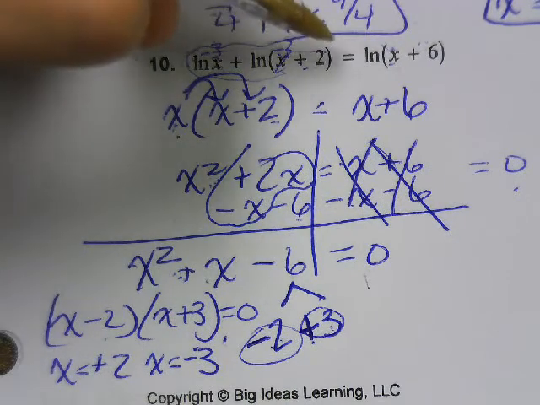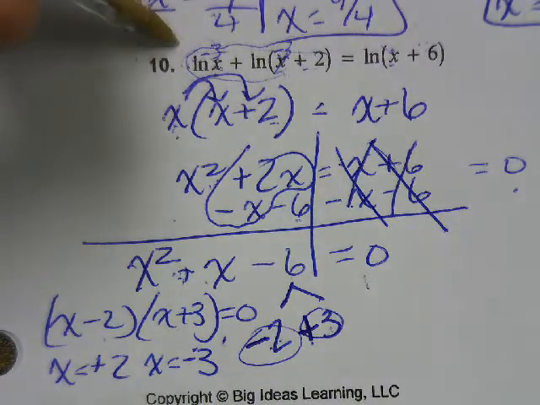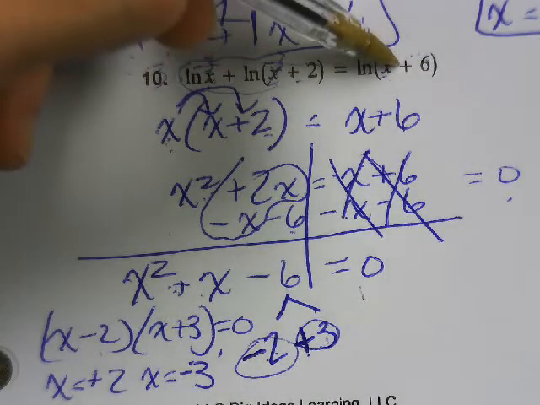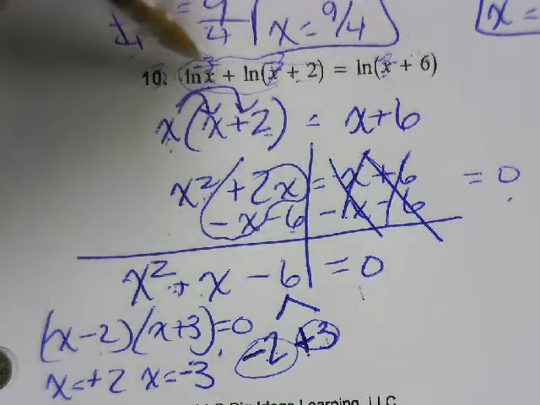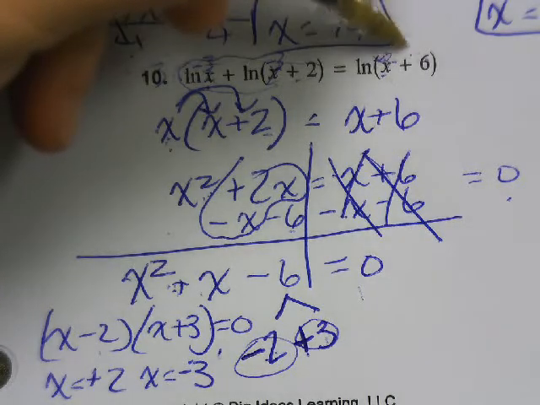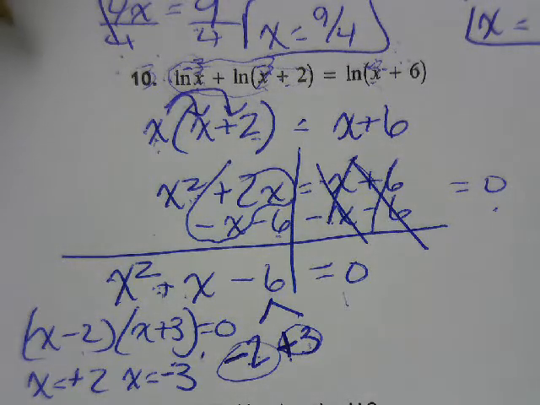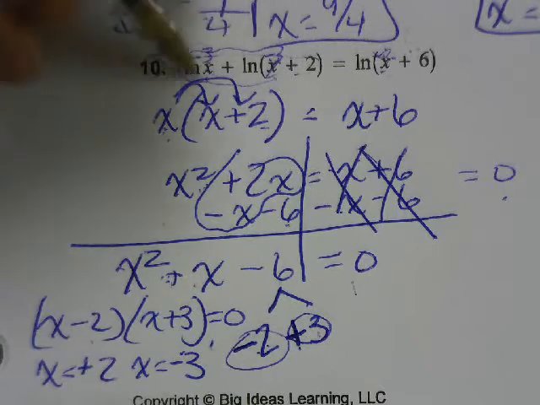Now if we put a negative 3 over here, we have 6 minus 3, and we're going to have ln of positive 3 over here. So we just need to check on the calculator which one works. If you put in a negative 3 over here, it's not going to come out for you. So this is a no. You're just going to come out with positive 2 for your answer.